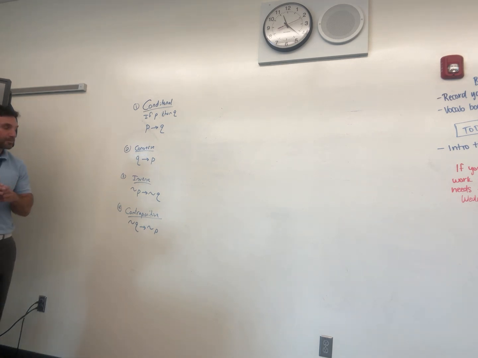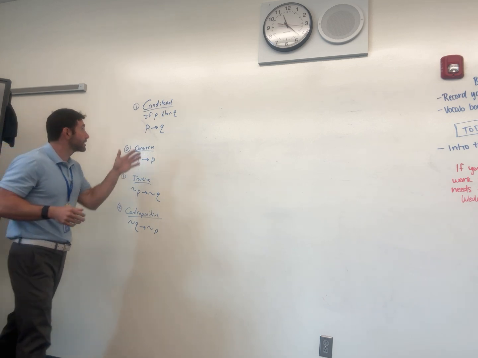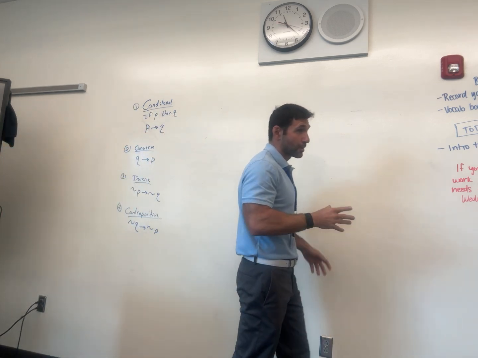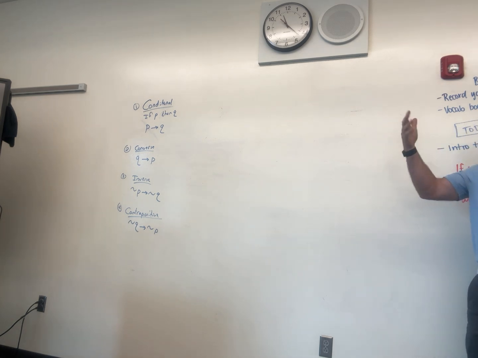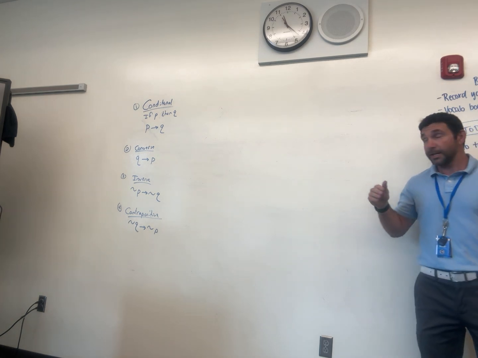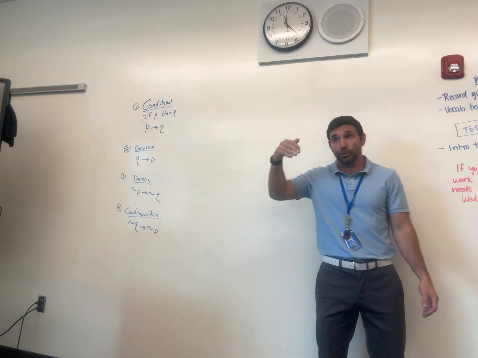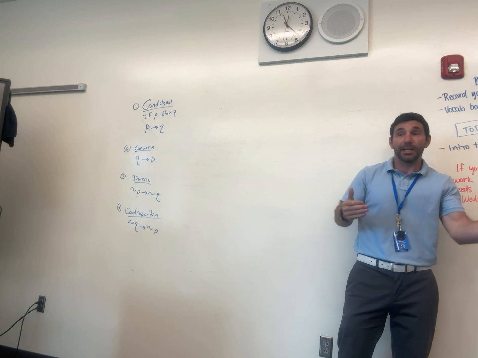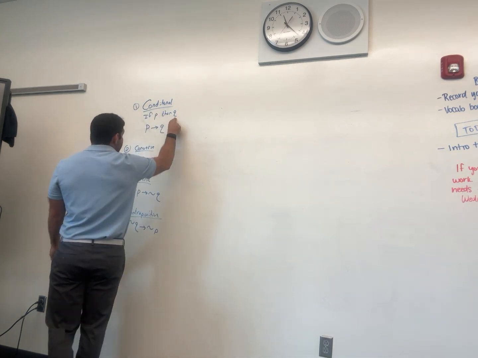Okay? So, what would be an example? An example of a conditional we used yesterday was, studying for a test gives me good grades. My conditional would be, if I study for a test, then I get good grades.